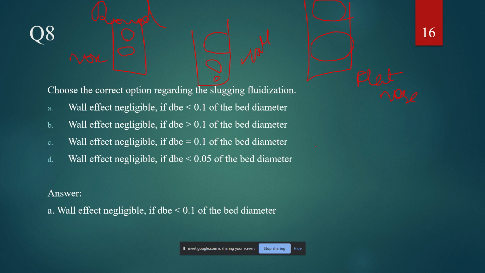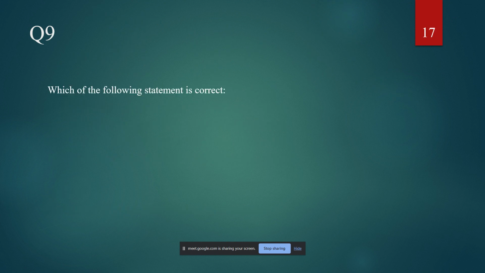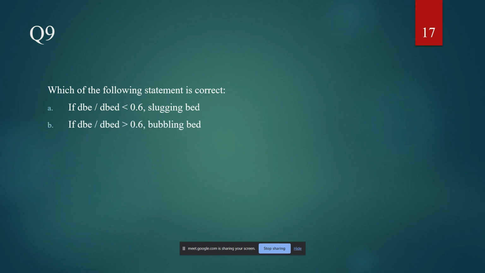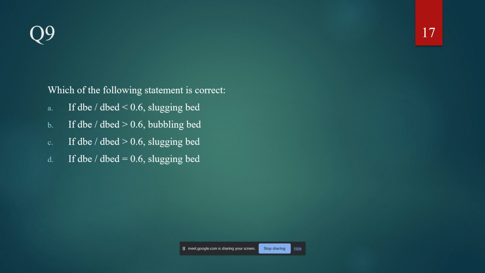We'll go to question 9. In question 9, it is asked that which of the following statements is correct. If dBE by d bed is less than 0.6, it is slugging bed. If dBE by d bed is greater than 0.6, it is bubbling bed. If dBE by d bed is less than or greater than 0.6, it is slugging bed. If dBE by d bed is equal to 0.6, it is slugging bed.